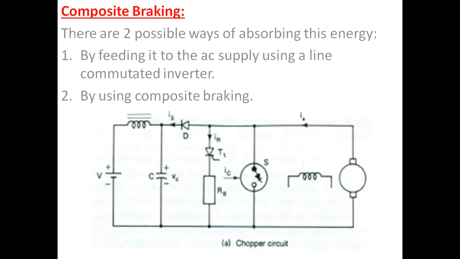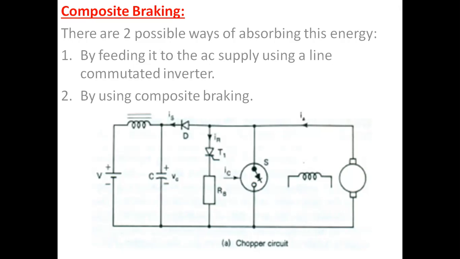So when the traction vehicle is returning its braking energy, it should be taken up by other vehicles, because it cannot be fed back to the AC supply. This may not happen because there may be no vehicles running at the time, and secondly, the peak power fed back is always greater than the power accepted by other vehicles.